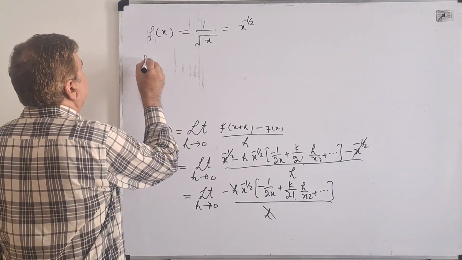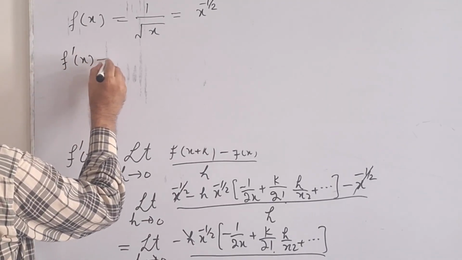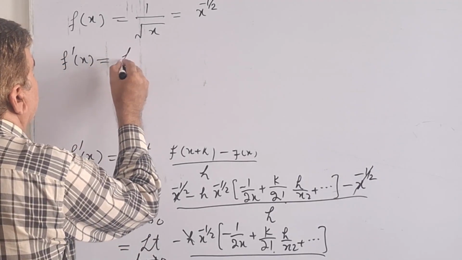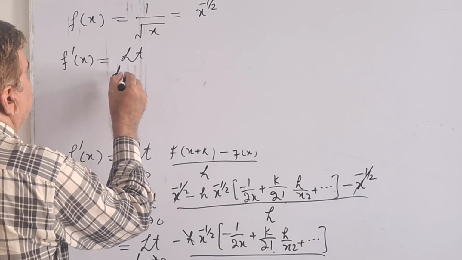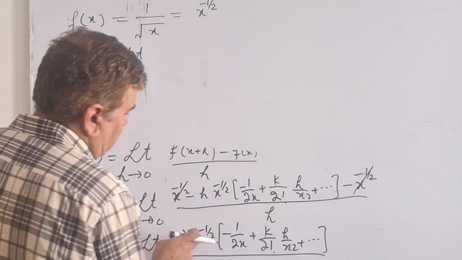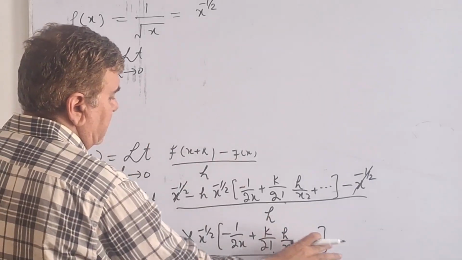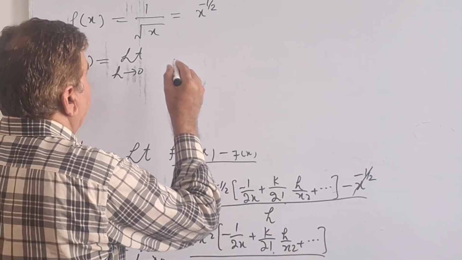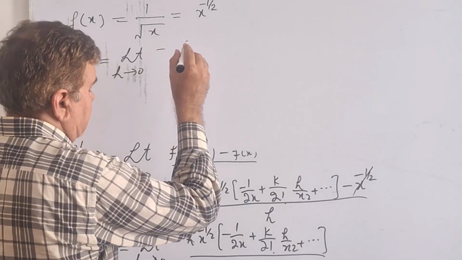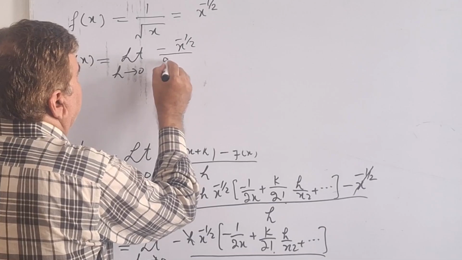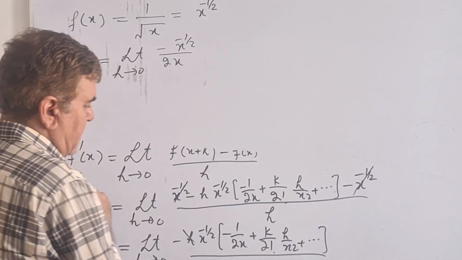So f prime of x equals limit h tends to 0. Now if you look, this term is independent of h, so I can separate that from the rest of these terms and can write this as minus x to the power minus half divided by 2x.